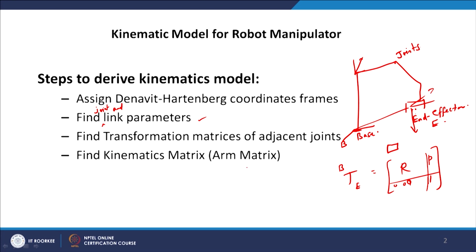Finally, we find the arm matrix. This arm matrix is nothing but the relation between the end effector and the base of the manipulator. This B T E is called the arm matrix.